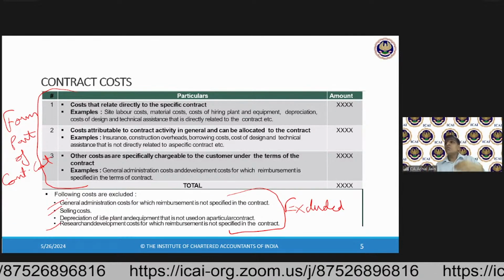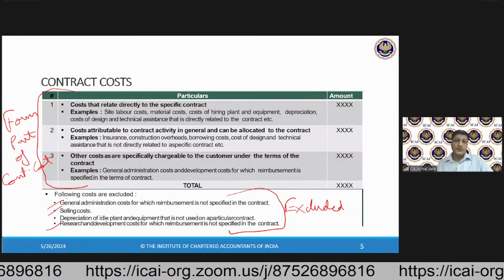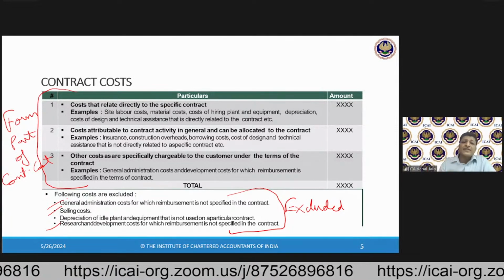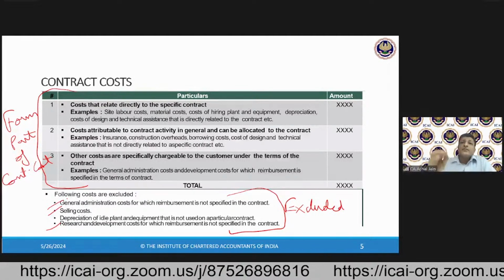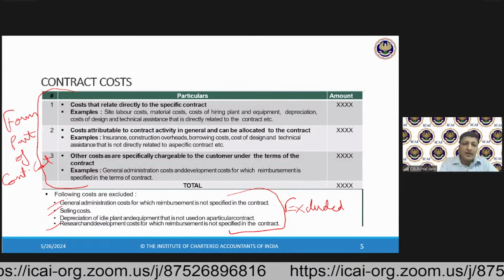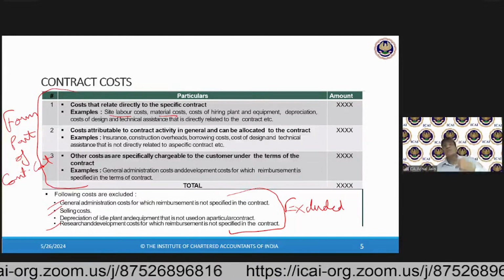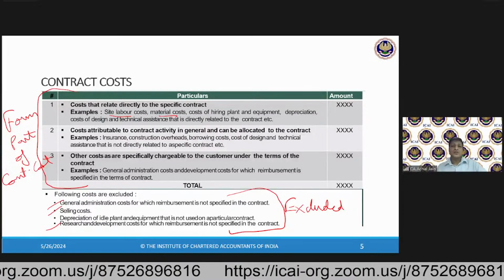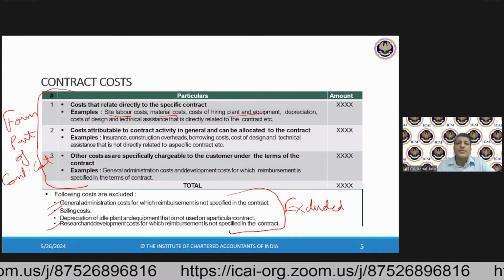But let's move on to those costs which will form part of the construction cost. So in this case, every time, what is it that you need to remember? That any cost which is incurred in relation to the construction. For example, site labor, material cost. Let's suppose plant and machinery is used for the construction purposes, so rental of that plant and machinery.